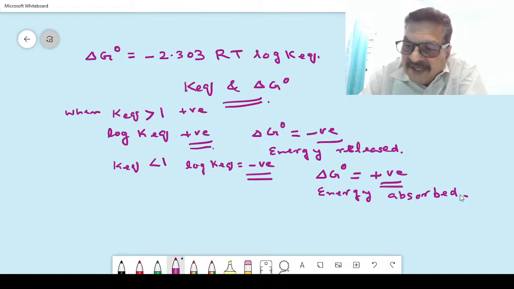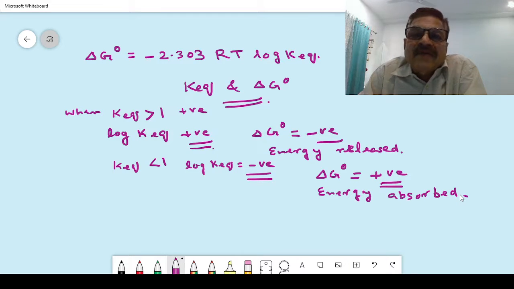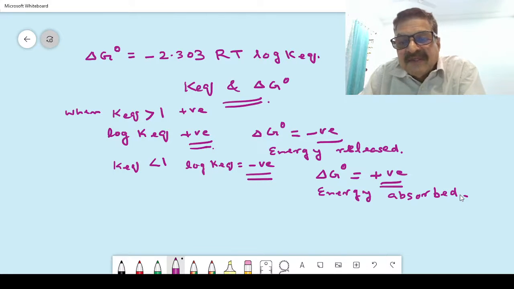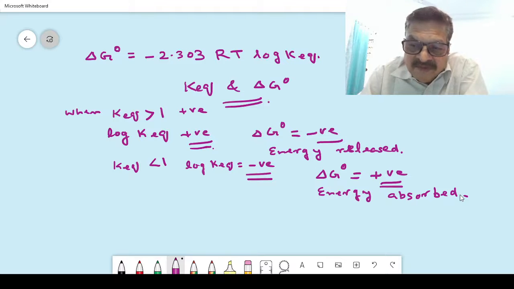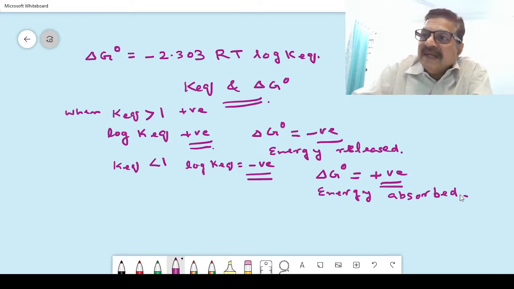Therefore, equilibrium always favors the species which is lower in energy, that is, the species with more stability.